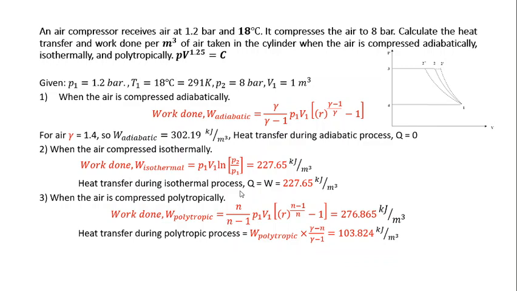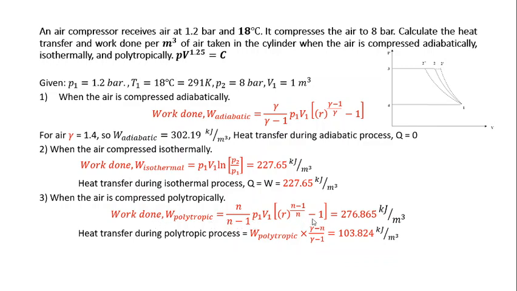So dU or change in internal energy will be 0. That means in an isothermal process the heat transfer is equal to work transfer. So Q is equal to W, which is equal to 227.65 kilojoule per meter cube.